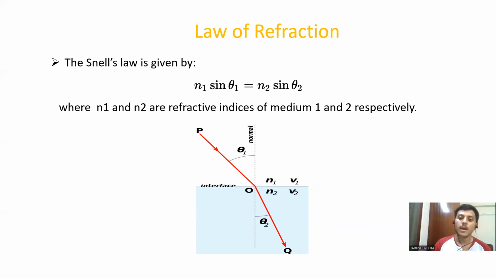The angle of incidence and the angle of transmission, theta 1 and theta 2, are related by a famous law called Snell's law, which is given by n1 sine theta 1 equals n2 sine theta 2, where n1 and n2 are the refractive indices of medium 1 and 2 respectively.